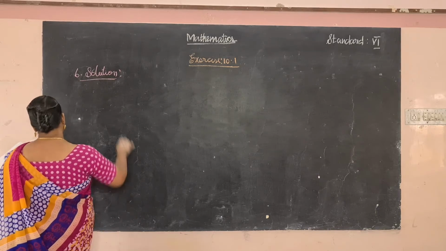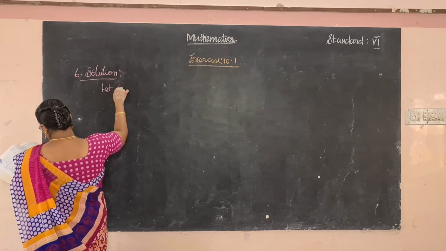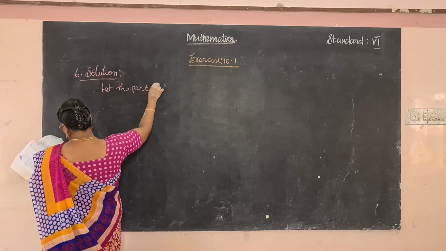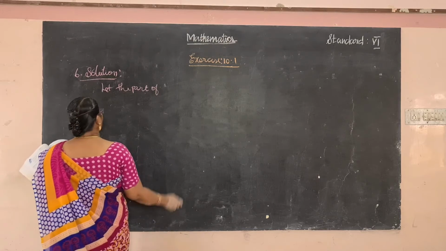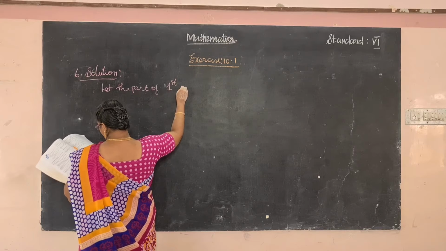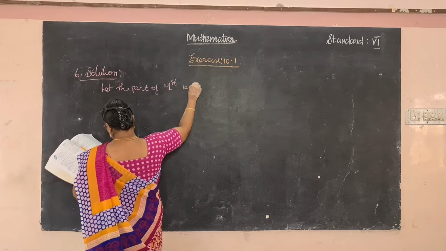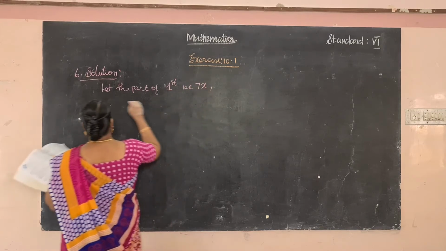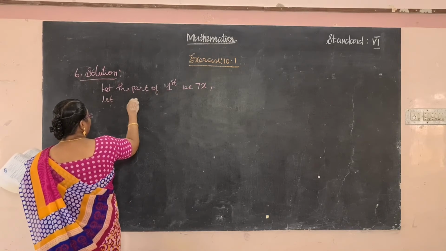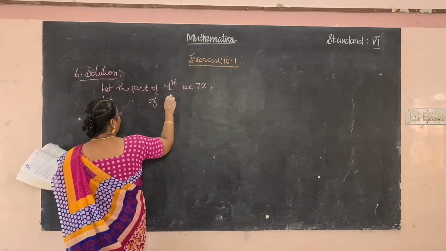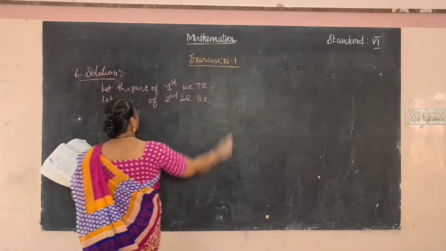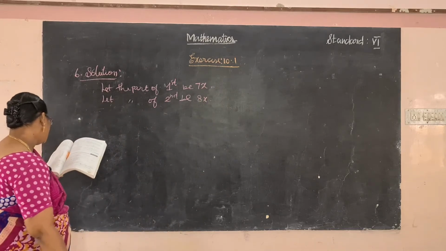Let the part of the first be 7x, and let the part of the second one be 8x.